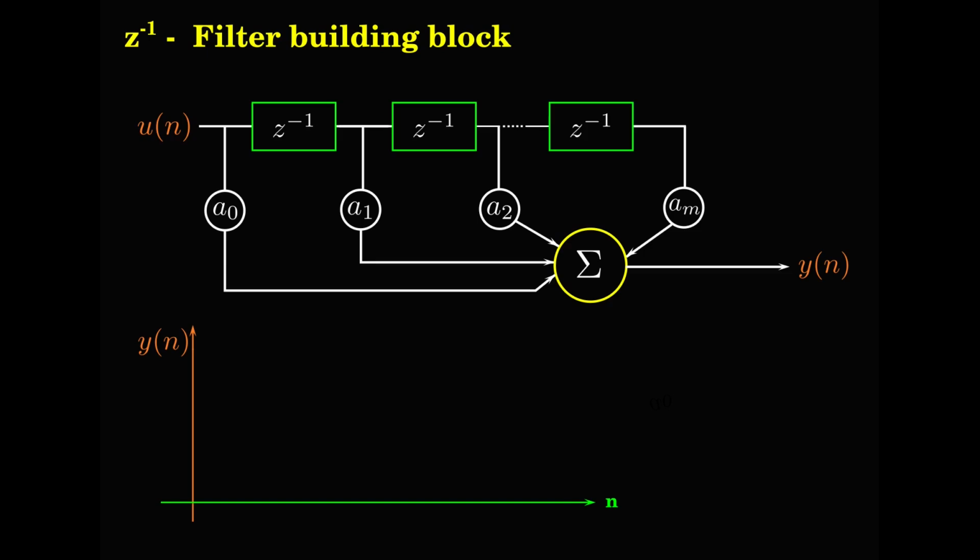So let us do some plotting. I am going to divide the discrete time axis as 0, 1 sample time, 2 sample times, 3 sample times, 4 sample times, and so on.